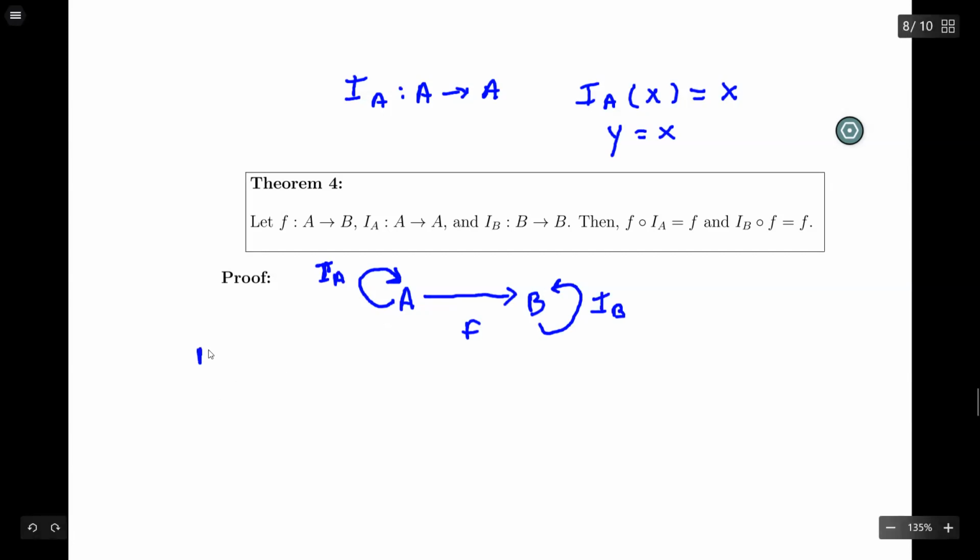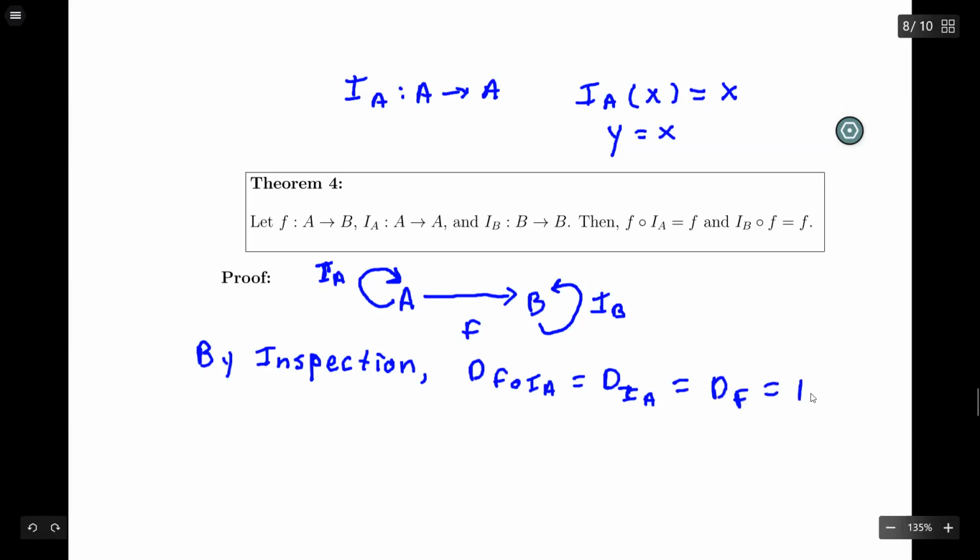So by inspection, the domain of F compose I sub A is equal to the domain of I sub A, right? F and I sub A both share the same domain. And that would also be equal to the domain of F, which is equal to A.